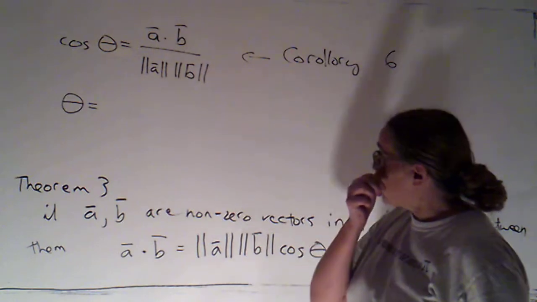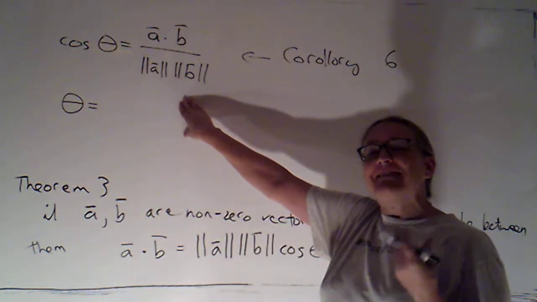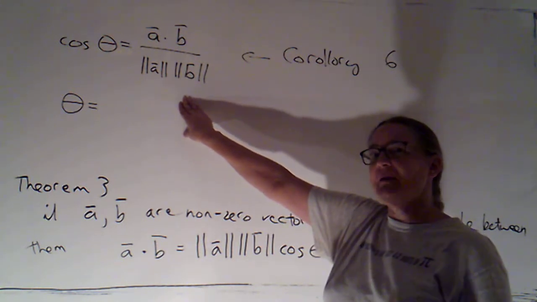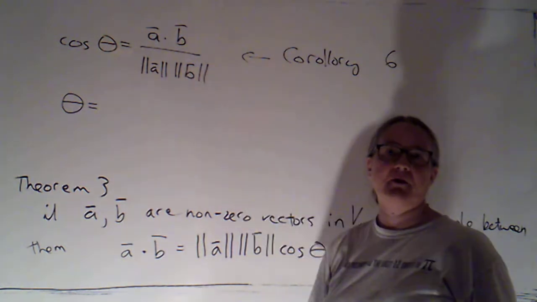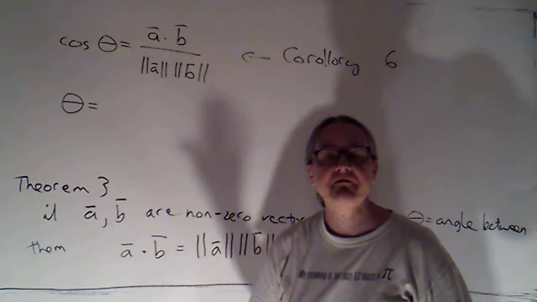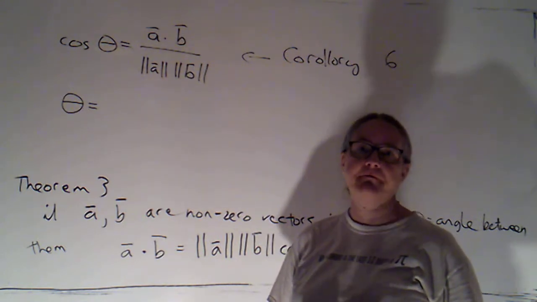Now, in general, if I just know that cosine of theta is equal to some number, that does not tell me by itself that theta is going to be inverse cosine of that number. Because if this number happens to be 1/2, there are infinitely many angles whose cosine is 1/2.